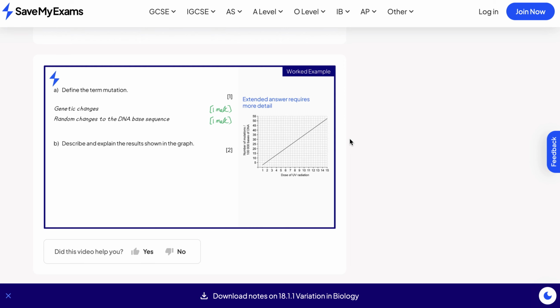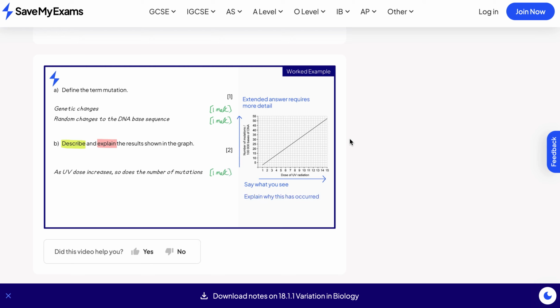Part B asks us to both describe and explain the results in the graph. Describe questions relating to data require a say-what-you-see approach. Here there is only one mark available for describing. So we can simply say that as UV dose increases, so does the number of mutations.